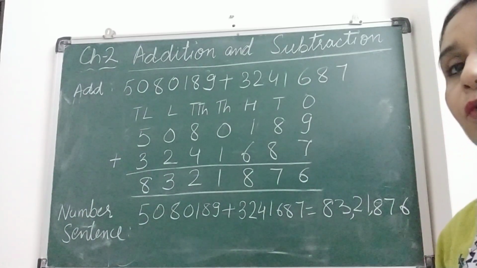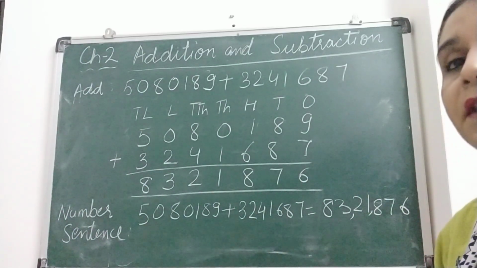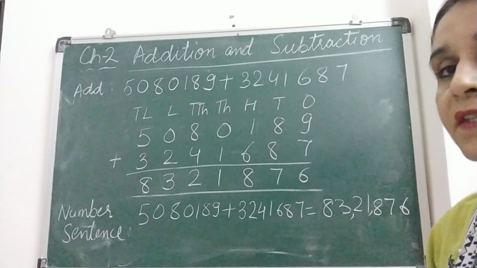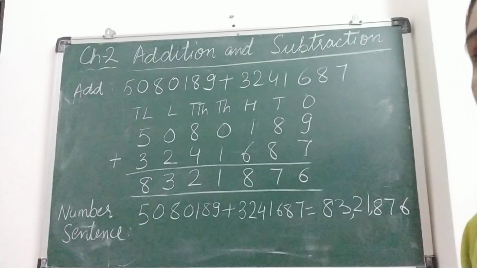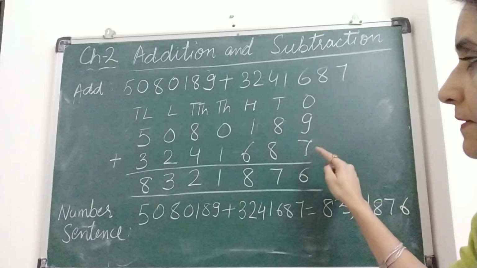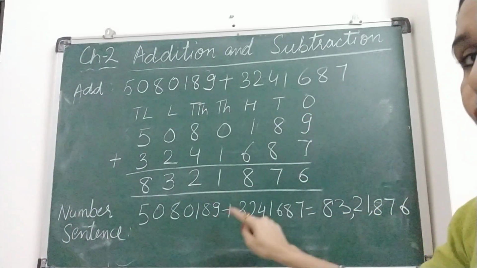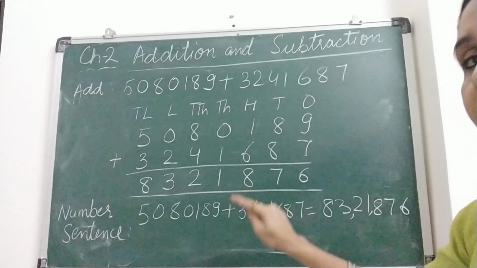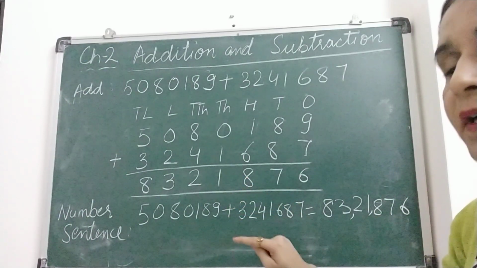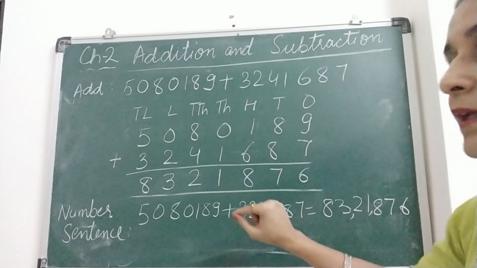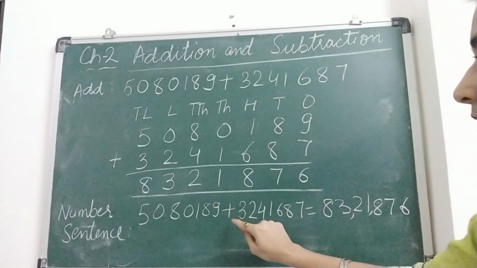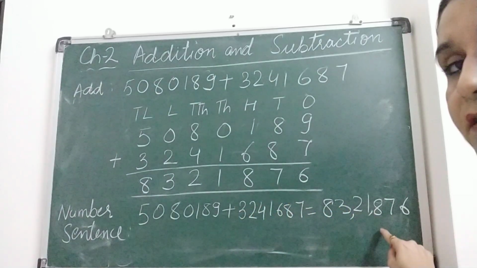Now we are going to write this in number sentence. What is number sentence? We will write both the numbers including their sign, whatever operation we did, addition or subtraction or multiplication or division. So this number plus this number gives you this answer.